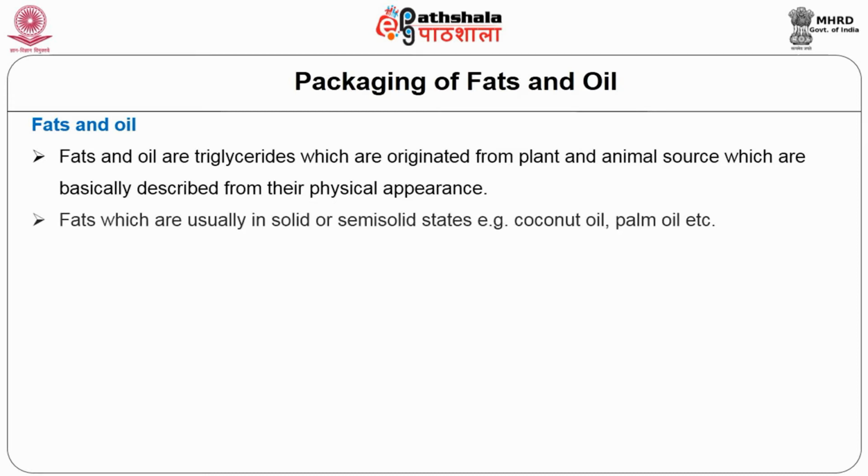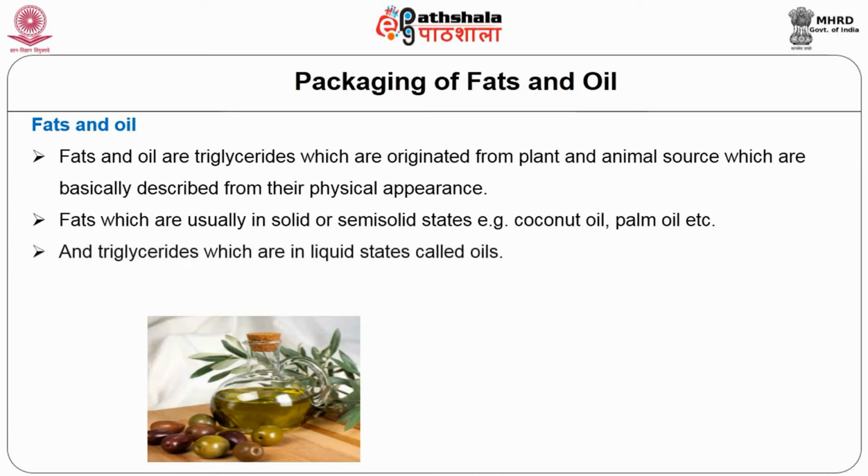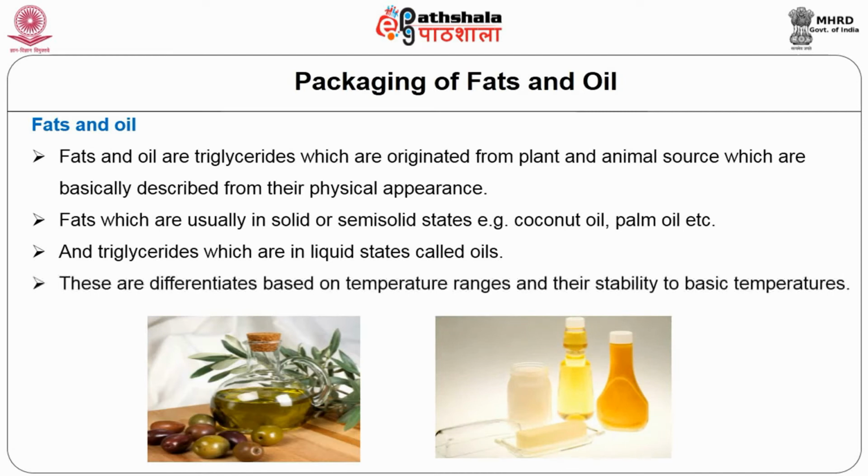Fats are usually in solid or semi-solid states, for example coconut oil, palm oil, etc., and triglycerides which are in liquid states are called oils. These are differentiated based on temperature ranges and their stability at basic temperatures.